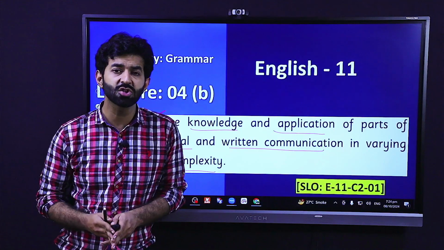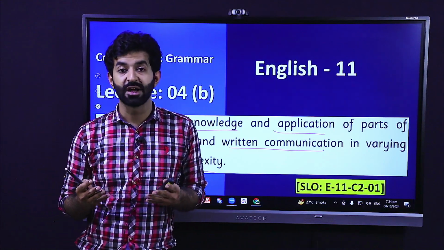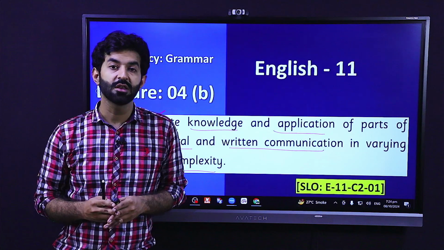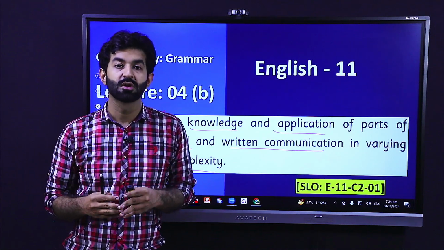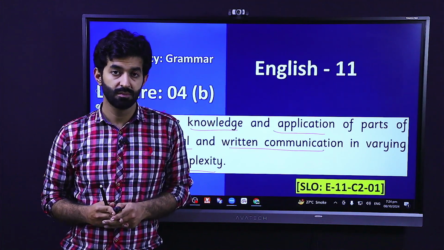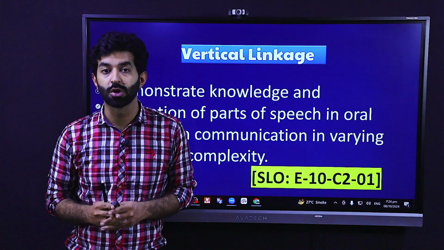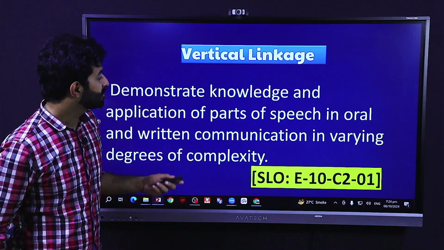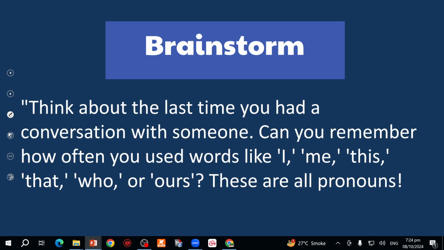In the last lecture, we talked about kinds of nouns. We have seen compound nouns, collective, countable, uncountable, etc. Now we will see pronouns. Here is your vertical linkage, dear students. And now think about pronouns. Can you name some pronouns?